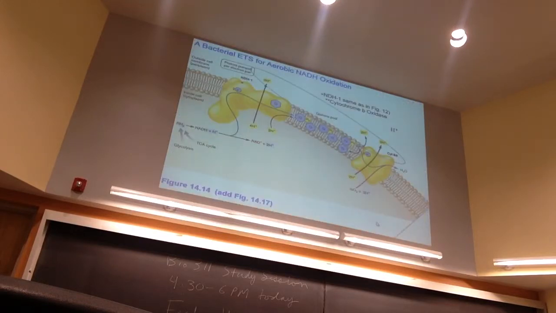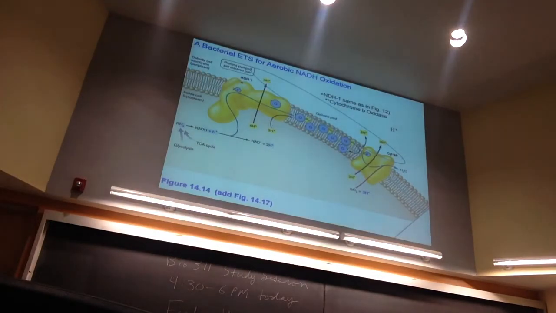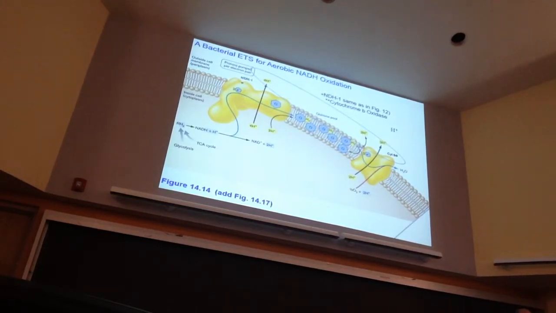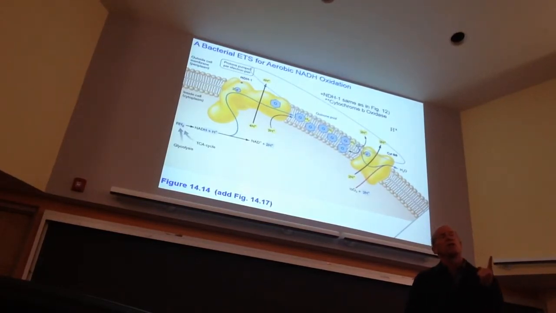One simplification of this is basically 3 components to the electron transport. So 3 sets of proteins. The first, the one that receives the pair of electrons, is this NDH1, which is NADH dehydrogenase.